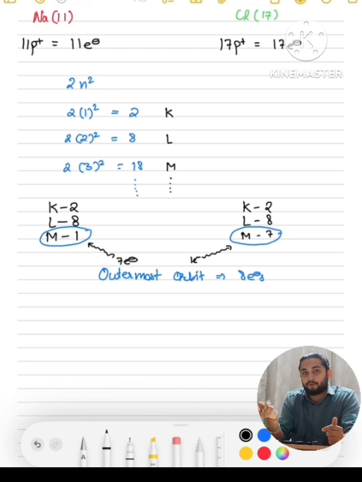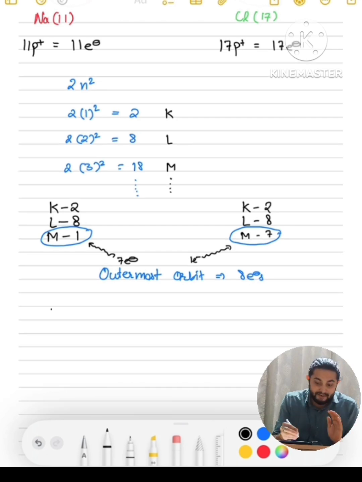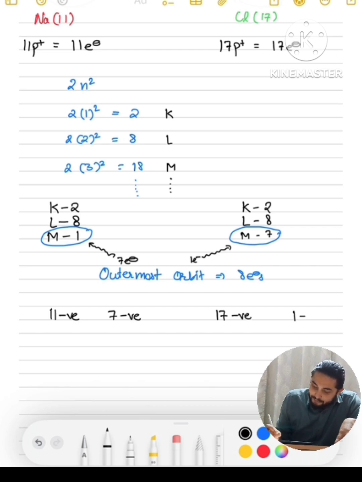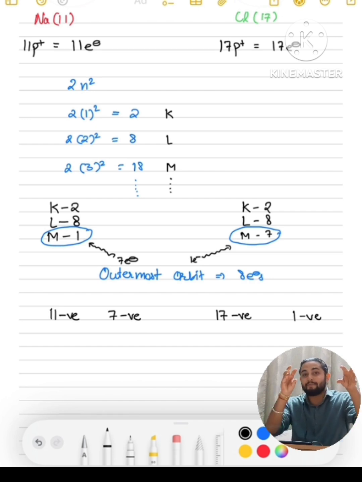What is possible for chlorine? See, for sodium, there are 11 negative present inside the atom, and it is trying to bring in 7 more negative. For the sake of understanding, I'm replacing electron with negative. For chlorine, there are already 17 negative present, and it is trying to bring in 1 more negative from outside. Now just try to understand 11, which is already present, and 7, which sodium is trying to bring in. Both of these numbers are somewhat comparable, 11 and 7.